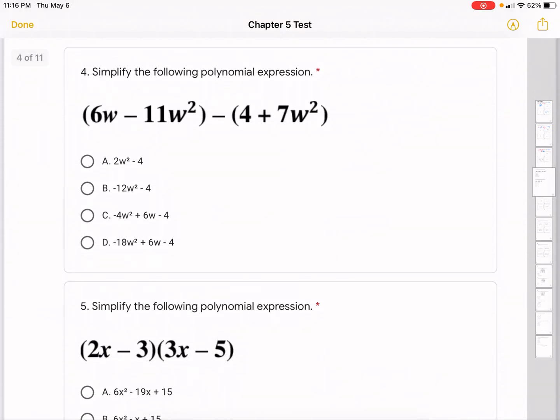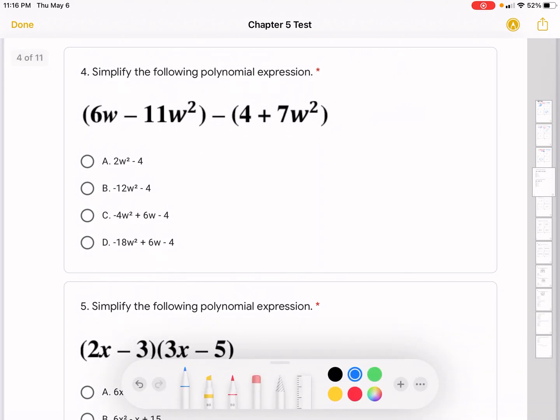This next question was a simple subtraction problem. Now you needed to remember when you subtract, it's like there's an imaginary 1 here. So you actually have to give that out, which if you do negative 1 times anything, it's going to cause the signs to change. So this is going to become negative 4 minus 7w squared. The first parenthesis stays the same.